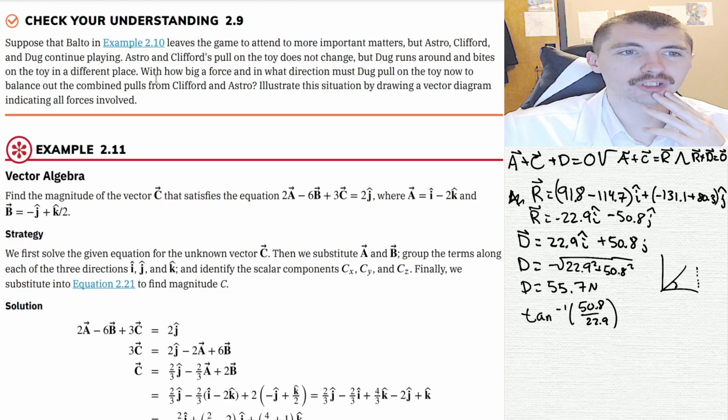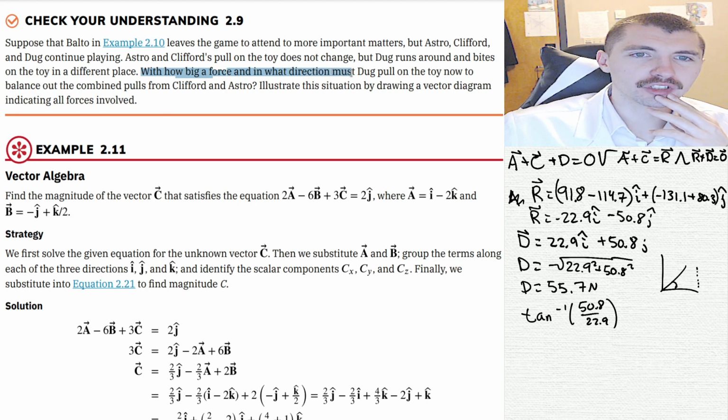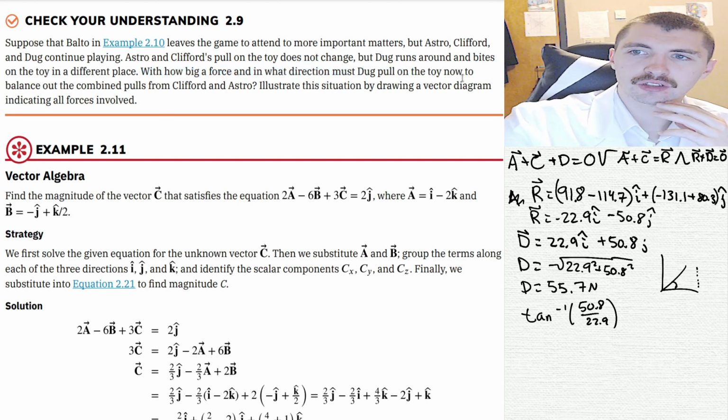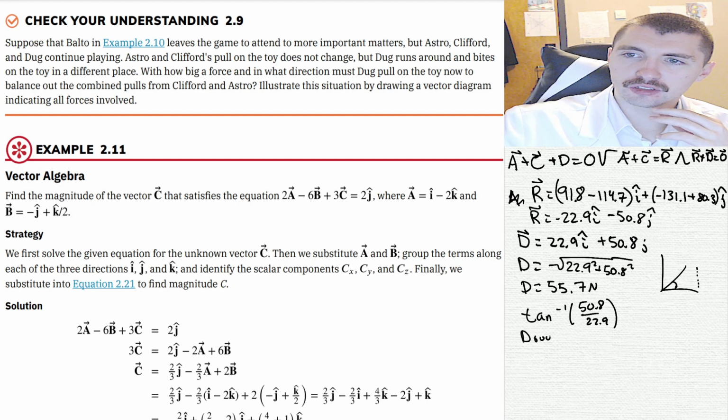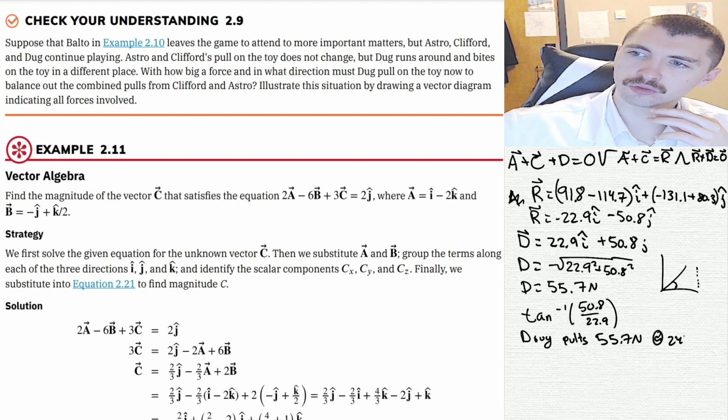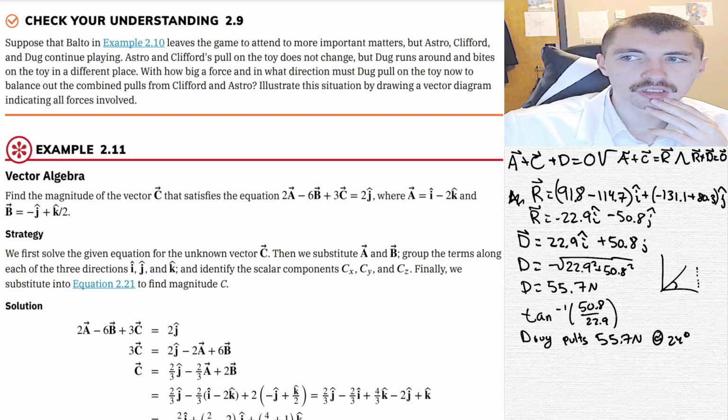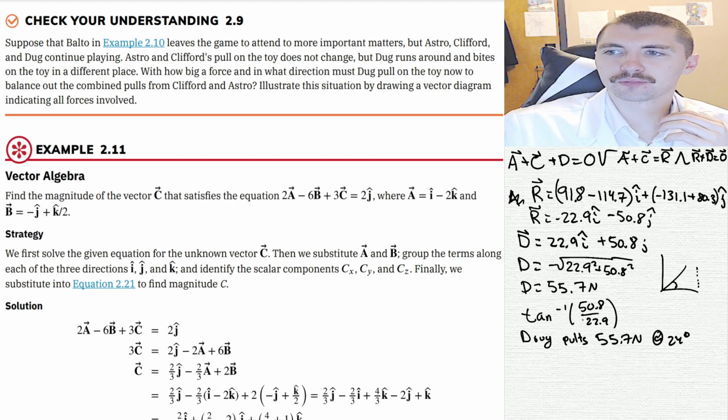So do we answer the question? How big a force in what direction must Doug pull in the new toy to balance out? So Doug must pull 55 newtons. So Doug pulls 55 newtons at 24 degrees. I don't know if it's convention, if you're supposed to say northeast, northwest.